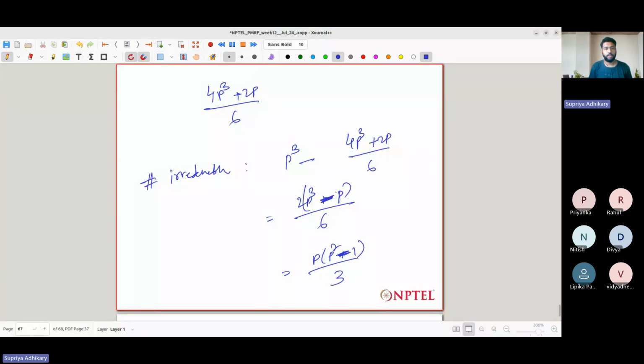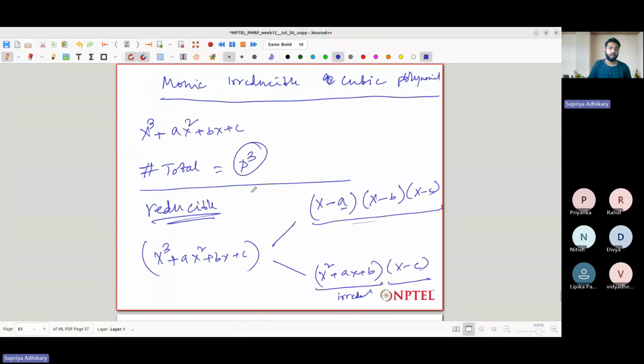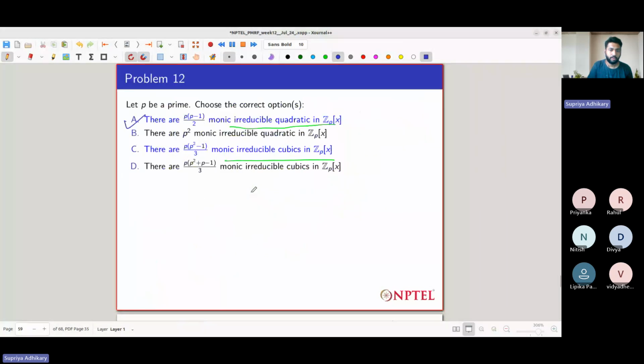So this is the total number of irreducible cubic polynomials over Zp. So this should be the answer.